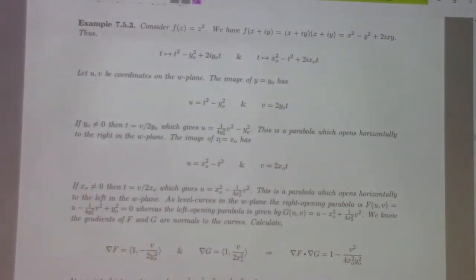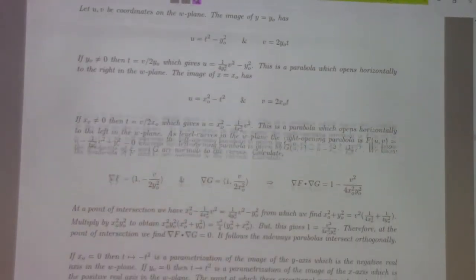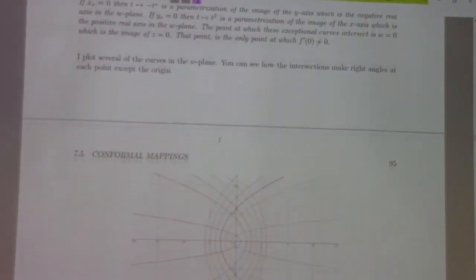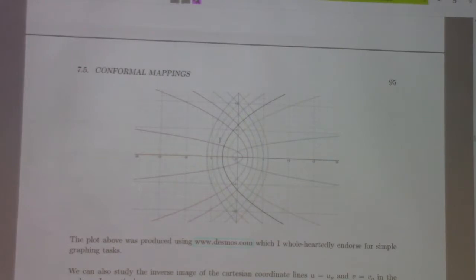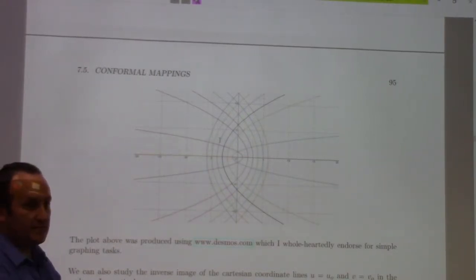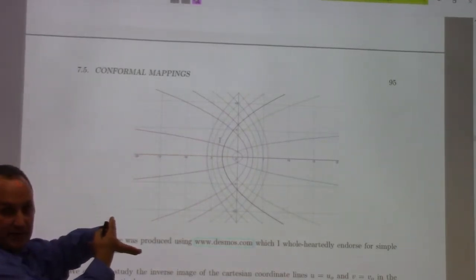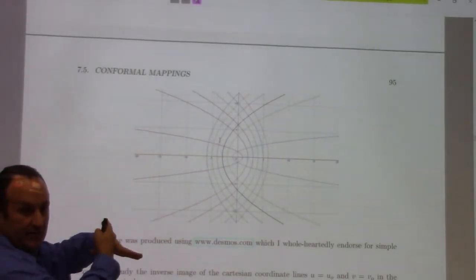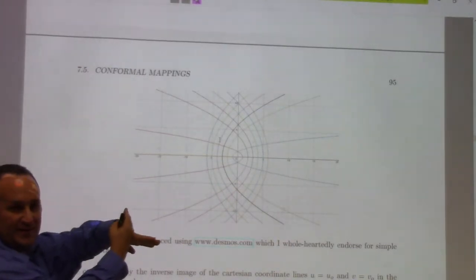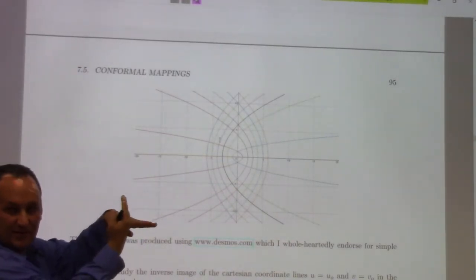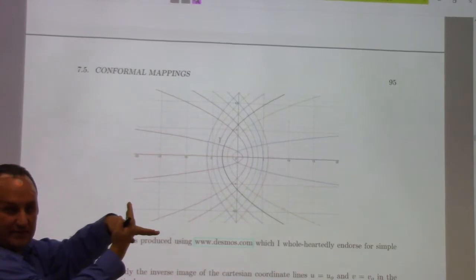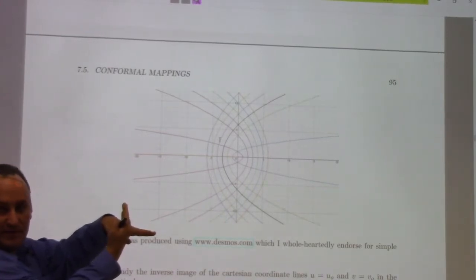This is just the nitty-gritty of it, but here's a picture. What we're looking at is the image of the rectangular grid of the xy plane in the w plane. What is the angle between the xy coordinate lines in the z plane? 90 degrees, right?